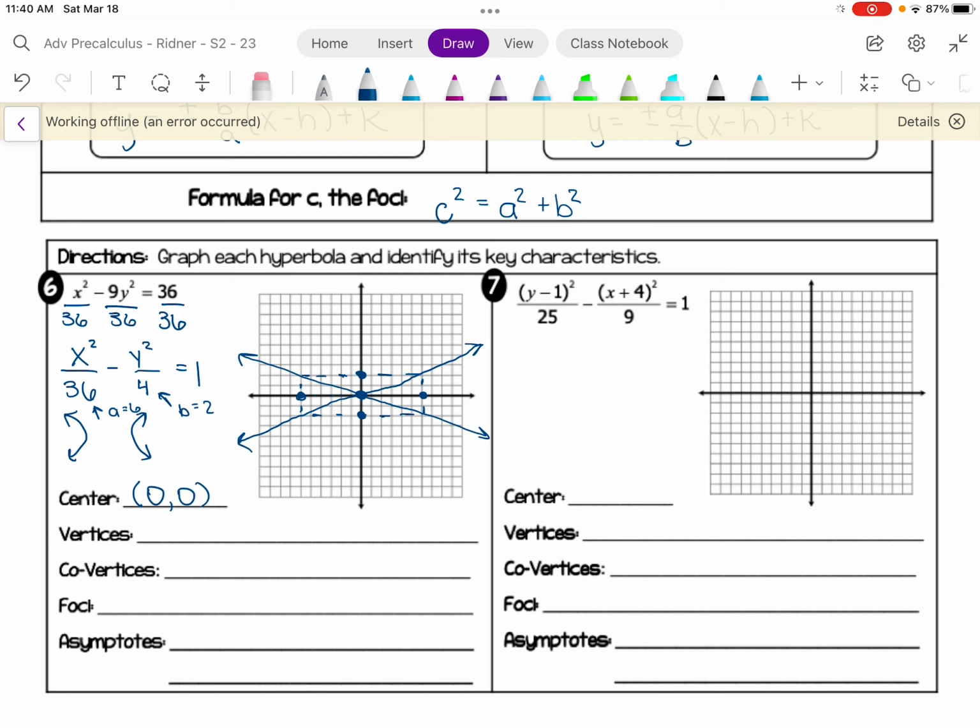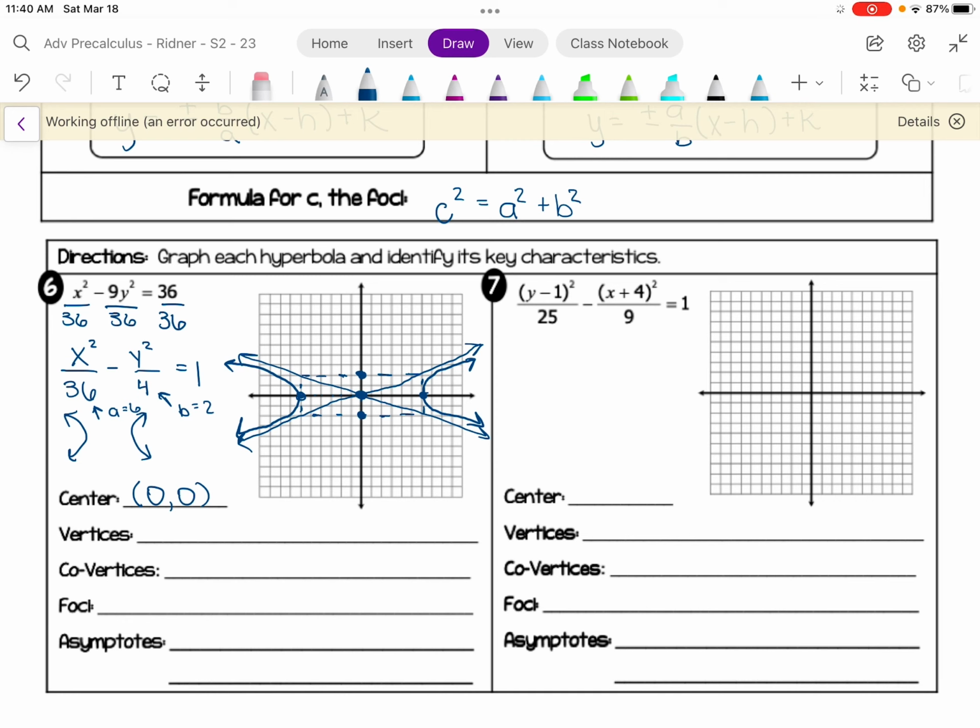And I know that my hyperbolas are going sideways, and they will never touch those asymptotes. So think about what it means to be an asymptote. It will never touch them. It just follows them basically up the line there. Okay.